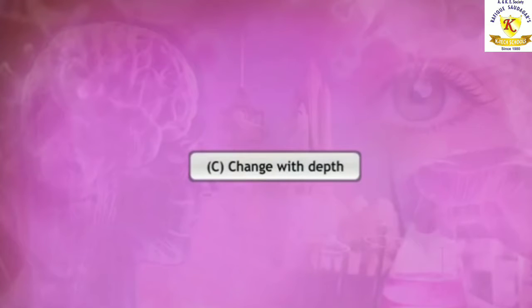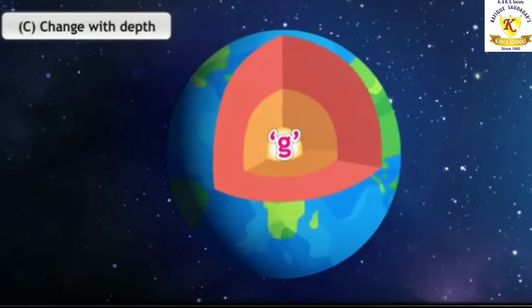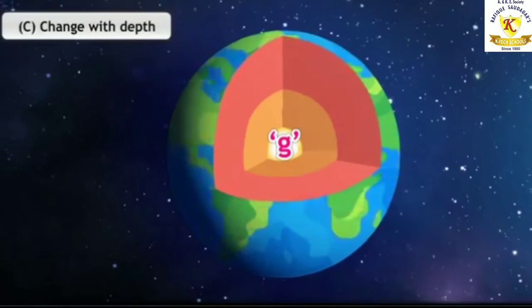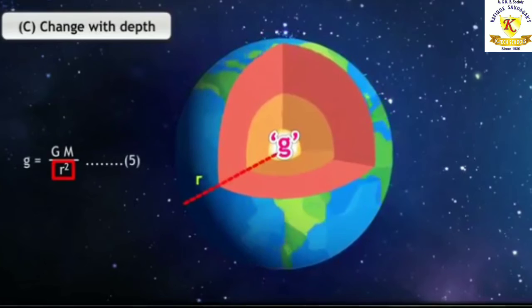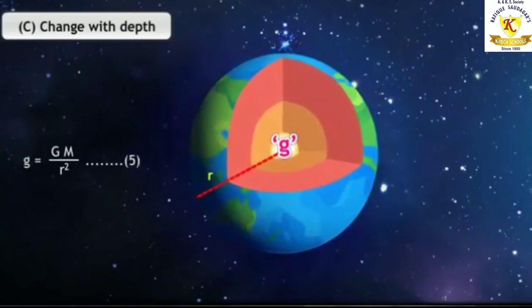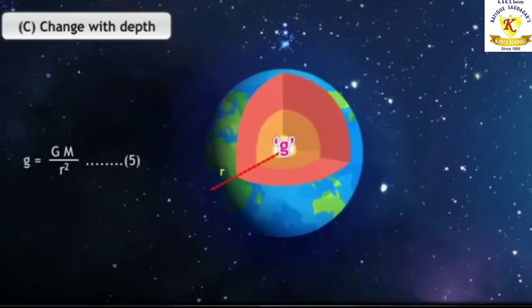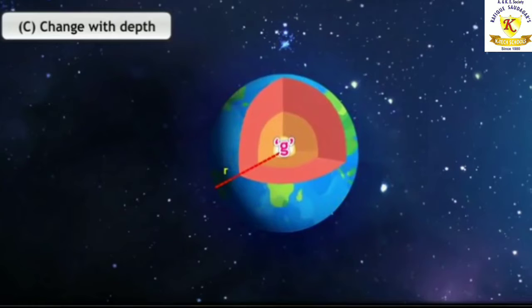Change with the depth. The value of g also changes if we go inside the earth. The value of r in equation 5 decreases, and one would think that the value of g should increase as per the formula.